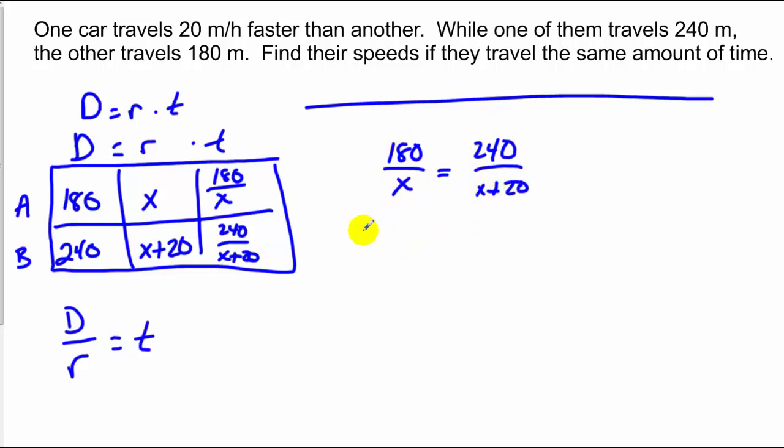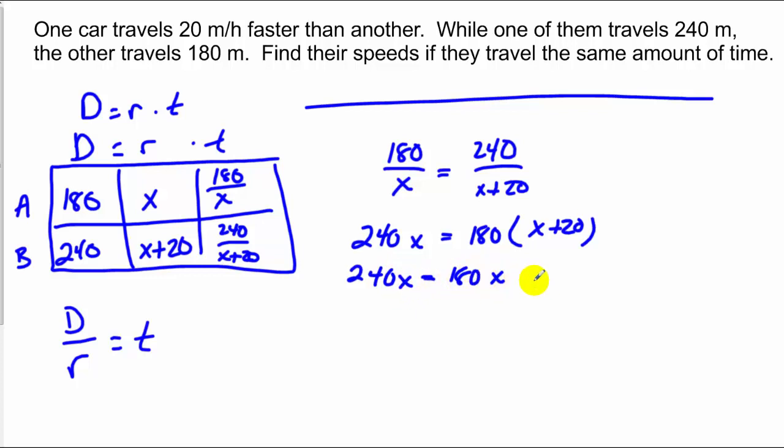Multiply on a cross product since I have a proportion. So that's 240x equals 180 times x plus 20. 240x equals 180x plus 3600. Subtract 180x from both sides. End up with 60x equals 3600.